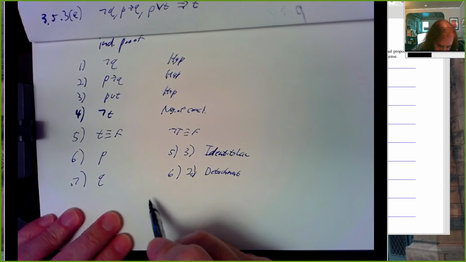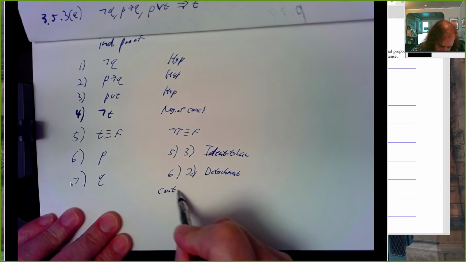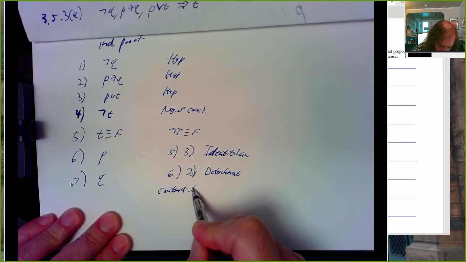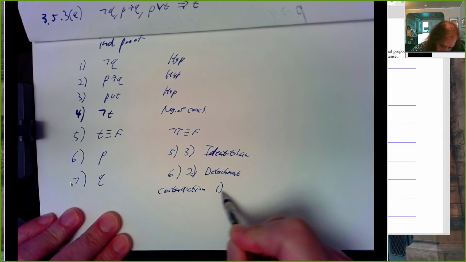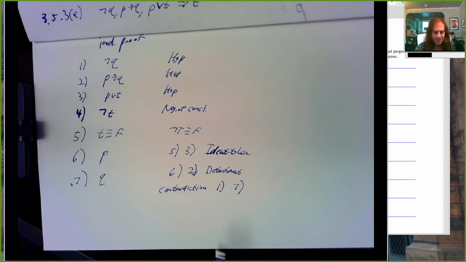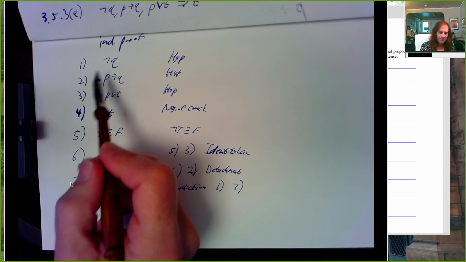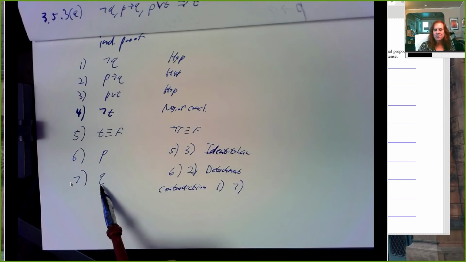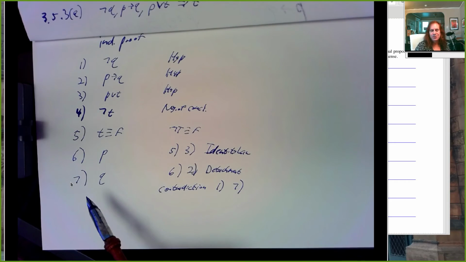So right now I can say contradiction between statements 1 and statement 7. And I can say that because I don't have to do any work to see that this and this contradict each other. If you have to do any work, you got to add more steps to your proof.